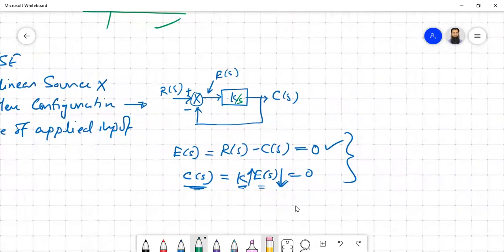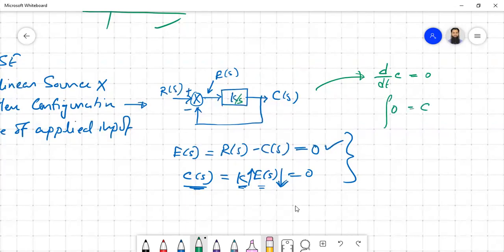Let me prove it mathematically. d by dt of a constant value is zero, isn't it? Differentiating a constant will give you zero, and inversely, integrating zero will give us a constant value. So because of this configuration, even if the error is zero, we can still have some output.